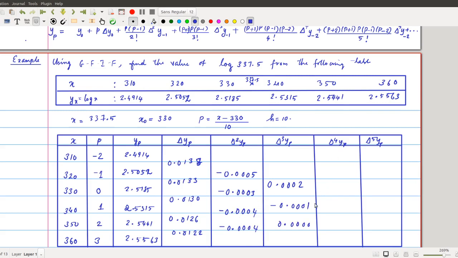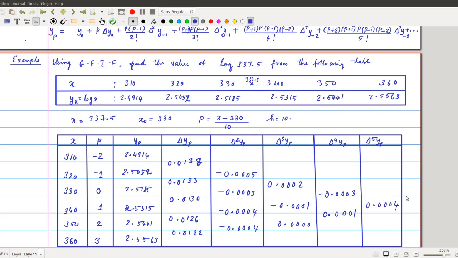Then the fourth order differences are obtained the same way, giving values such as minus 0.003, plus 0.0001 and plus 0.0004.